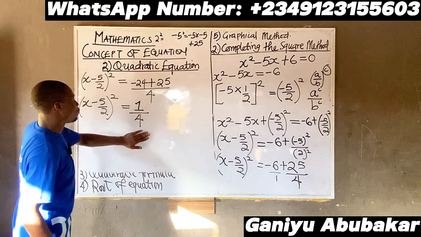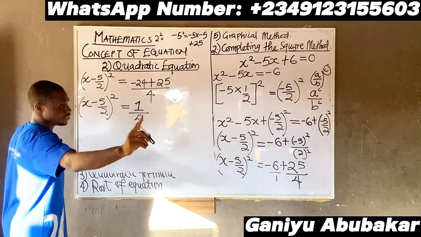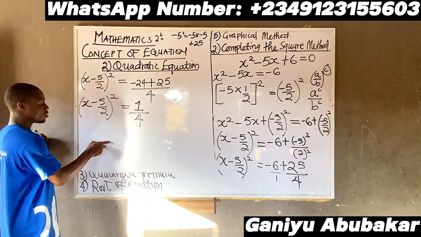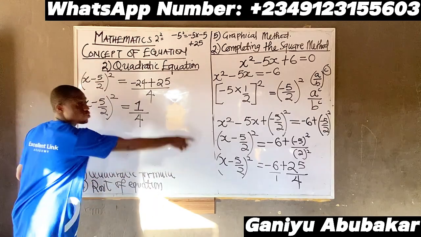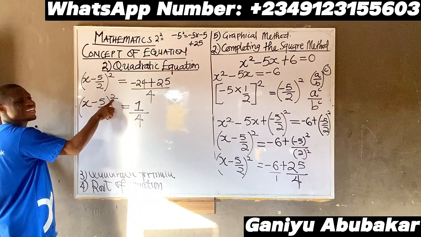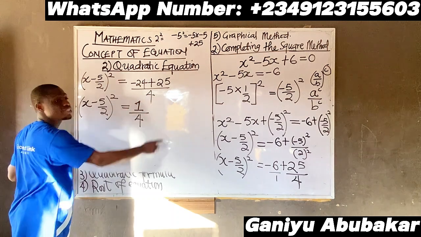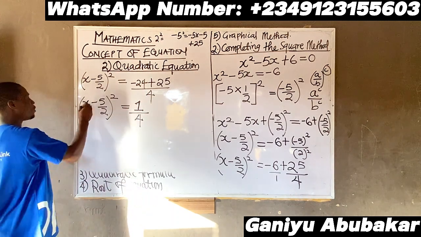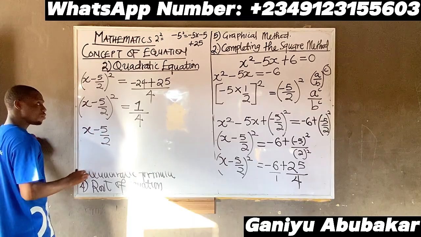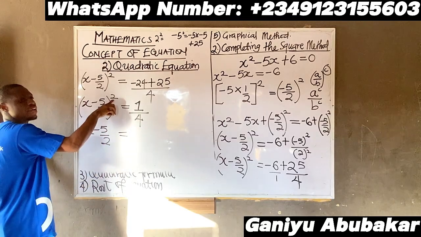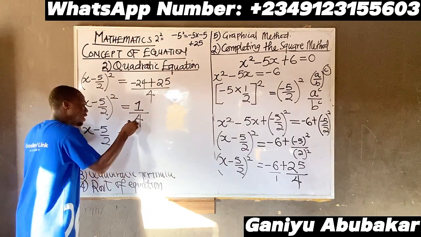So 1 over 4, right? Now listen. We know that if plus crosses the equal to sign it gives you minus, and if minus crosses the equal to sign it gives plus. Also if a square crosses the equal to sign it gives you a square root. That gives you x plus 5 over 2 equal to this, square comes to that side as the square root.